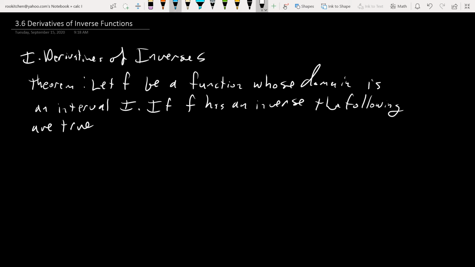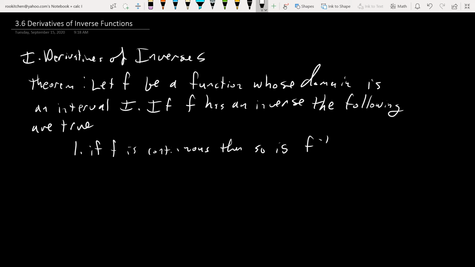First off, if f is continuous on its domain, then so is f inverse. So if f is continuous, then so is f inverse.